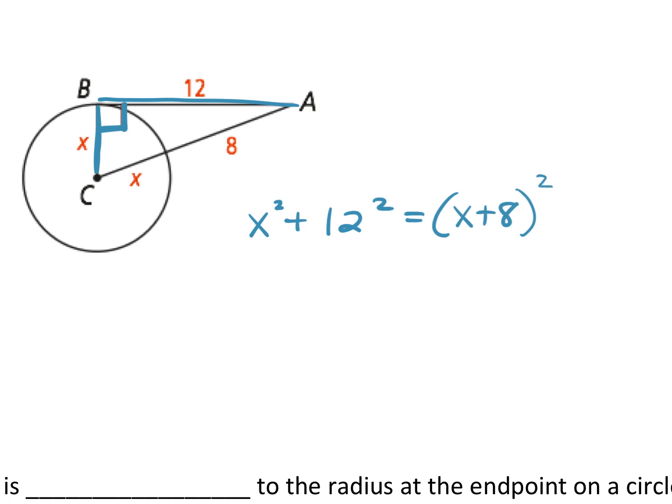Okay, how do you square a binomial? x plus 8, that's called a binomial, right? Two terms. You square each part? You do not square each part, but that's what everybody wants to do.